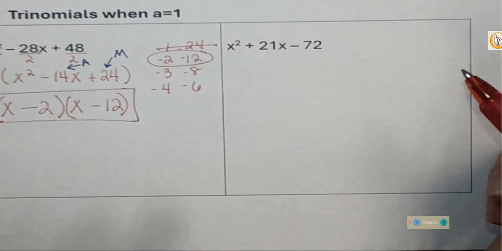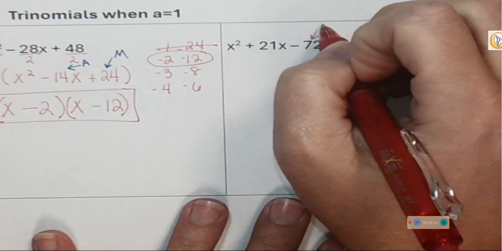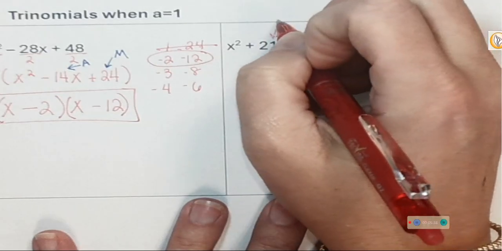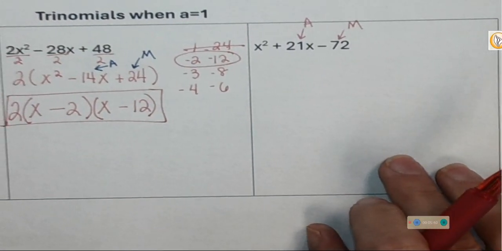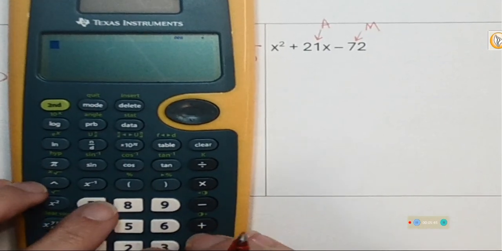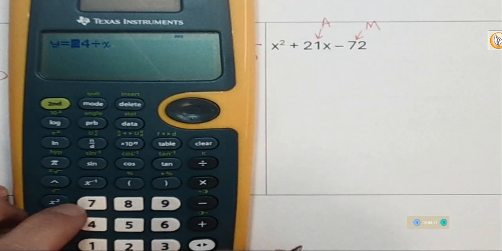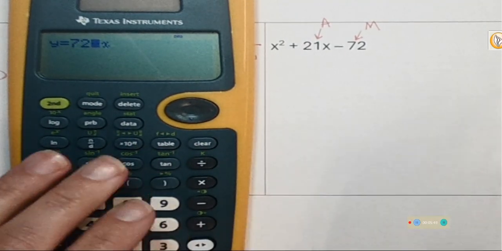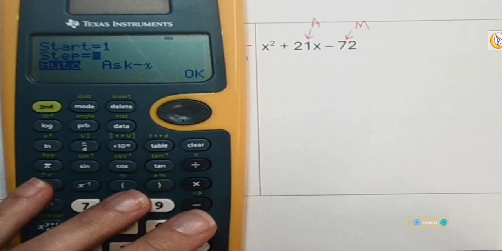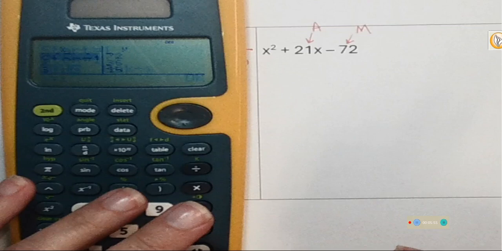So you will ask yourself, what two numbers multiply to give you a negative 72 and add to give you 21. So I'm going to use my calculator to help me get those factors. I'm going to go to the table. I'm going to do 72 divided by x. Because you just programmed the calculator to do 72 divided by 1, 72 divided by 2, 72 divided by 3.